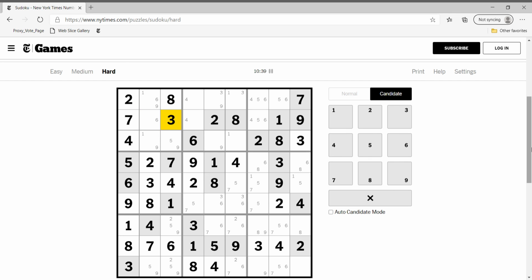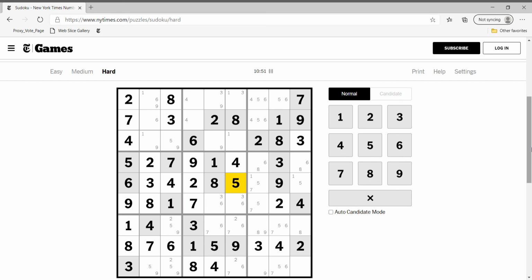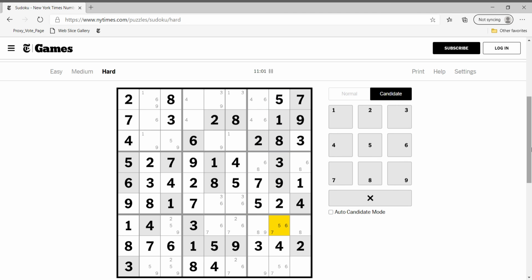And then in this column 7 can only be here. So this has to be 5. So these are not 5s, this is 1, this is 7, this is 5. Not 5s, this is 5. Not 5s.